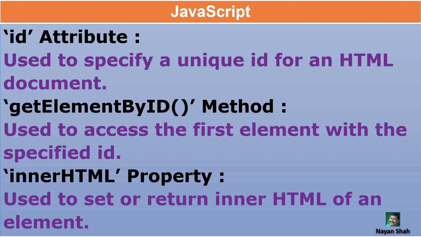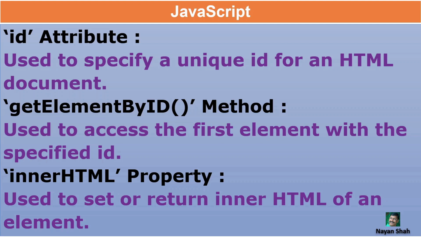So this is the name of the method. Now what this method does is access the first element with the specified ID. So whatever ID you specify in the brackets, it will try to access the first element on the web page with the same ID. So that is the getElementById method.